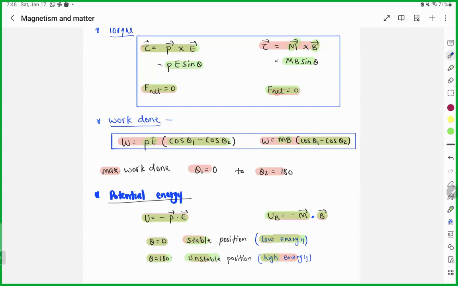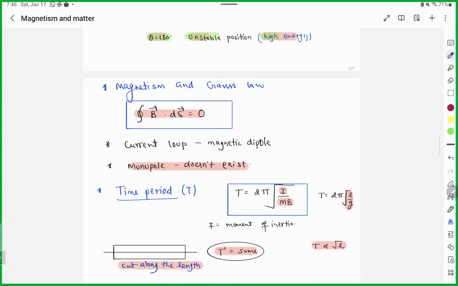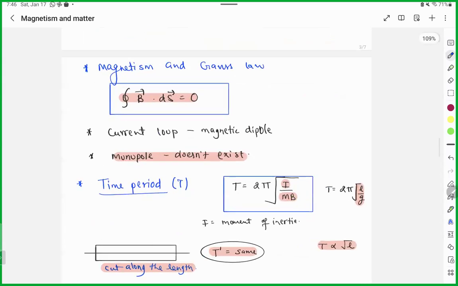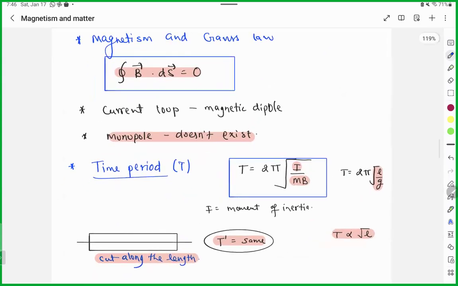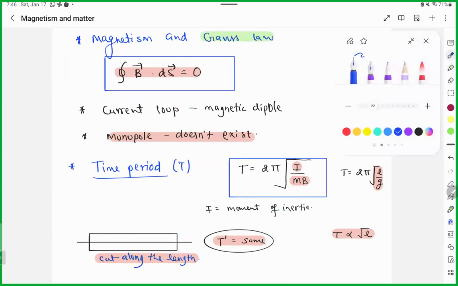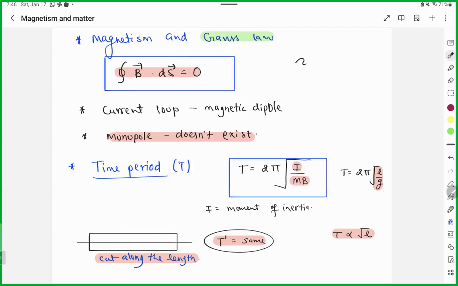If you don't have any, now we can focus on the topic that is not directly related to electrostatics, but indirectly it is, and it is important: magnetism and Gauss law. In electrostatics, your Gauss law is the integration of E dot ds equal to charge inside by epsilon naught.